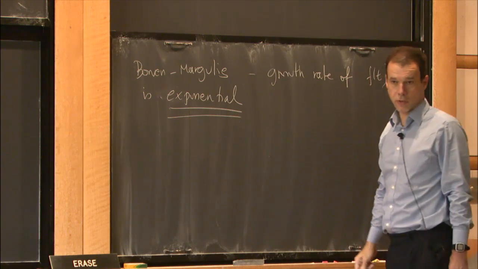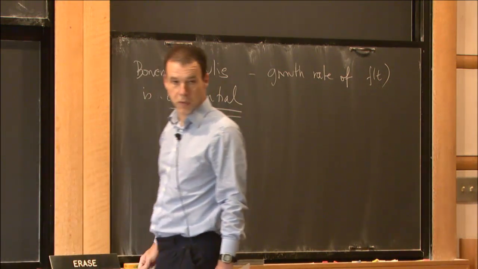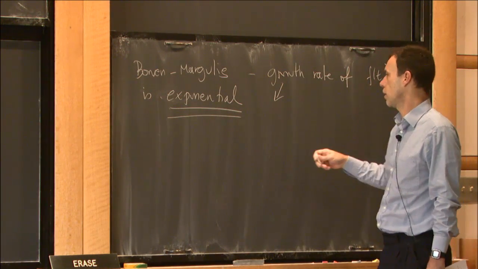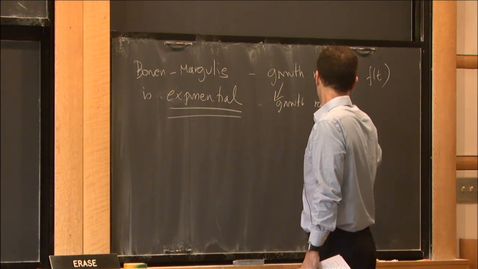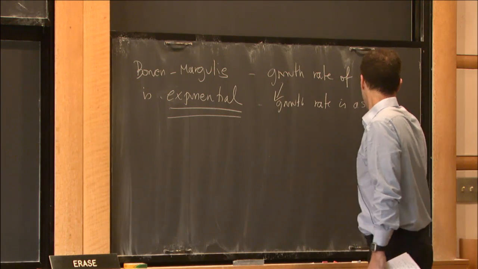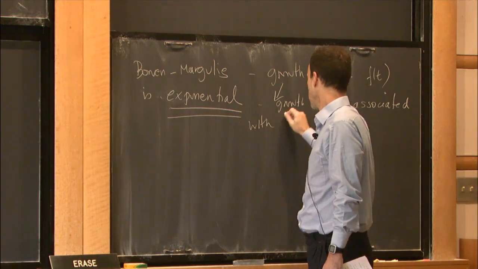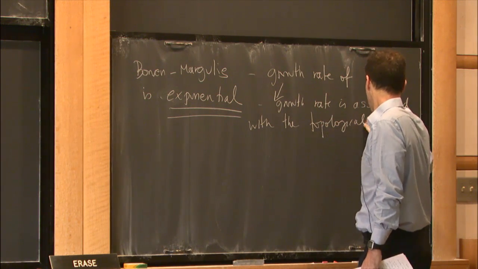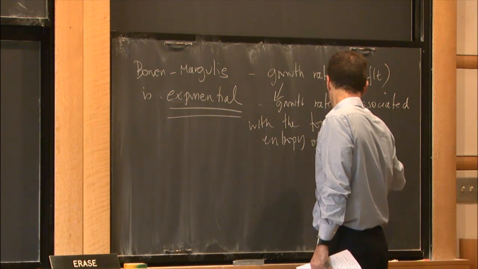Okay, so there are infinitely many orbits, but as a function of t, this grows exponentially in t. And the growth rate, meaning the exponential coefficient, is associated with the topological entropy of the flow.